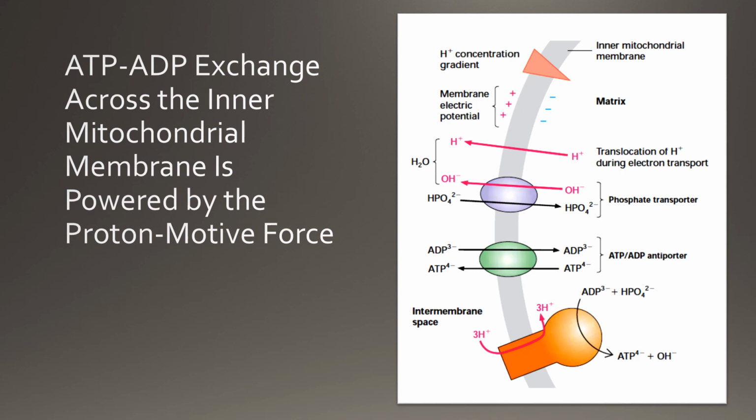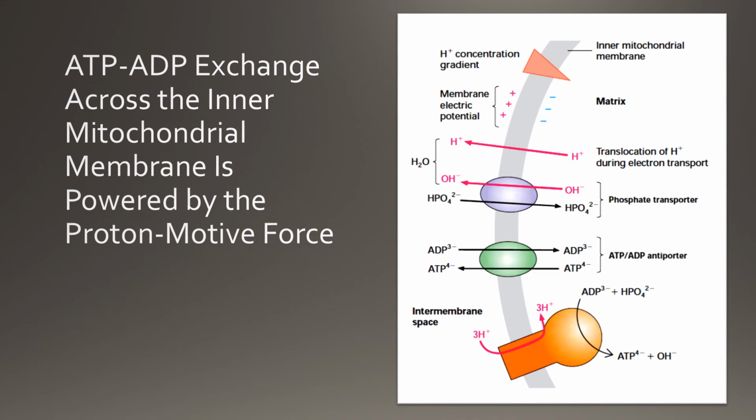This drives the overall reaction in the direction of ATP export and ADP and inorganic phosphate import, because some of the protons translocated out of mitochondria during electron transport provide the power for ATP-ADP exchange. Fewer protons are available for ATP synthesis.